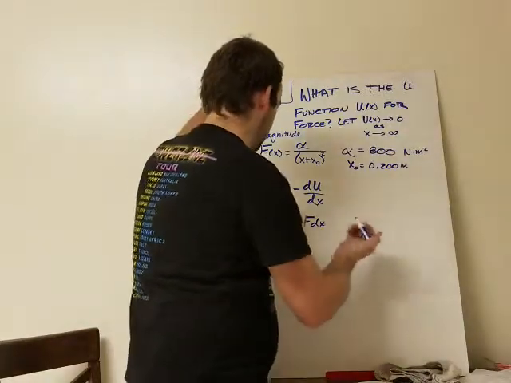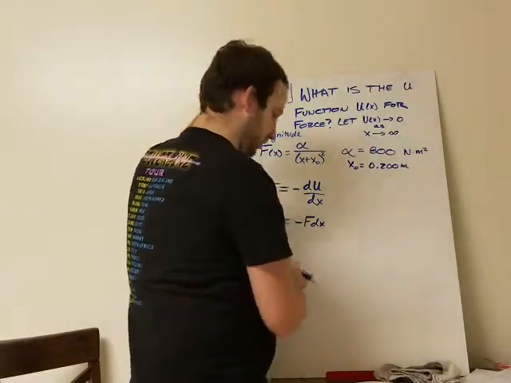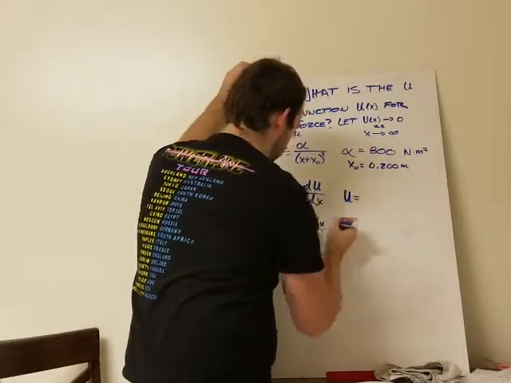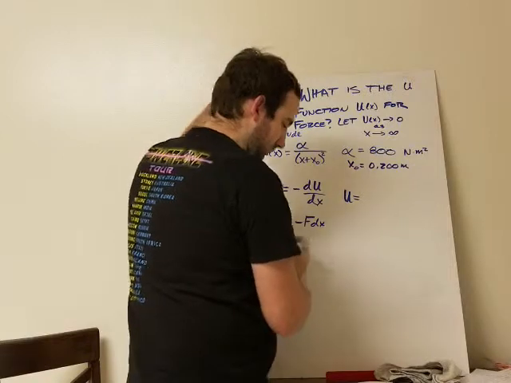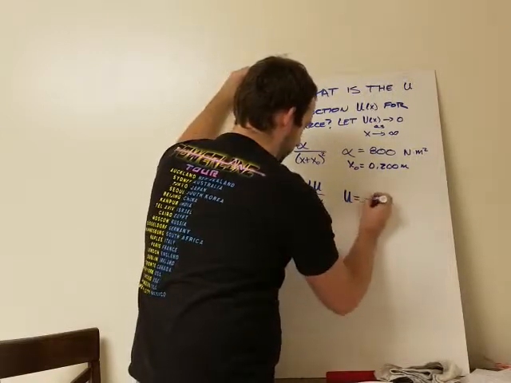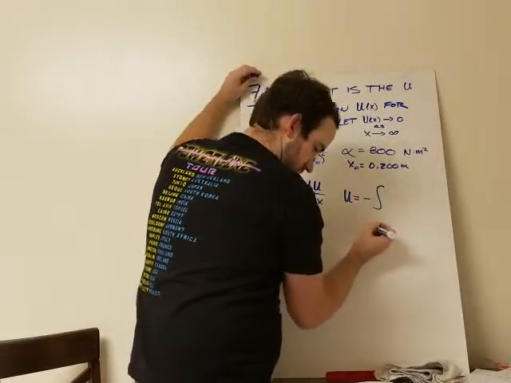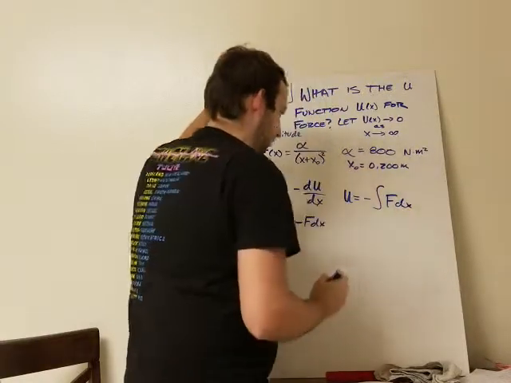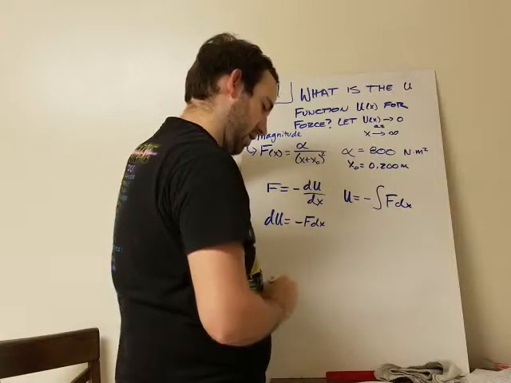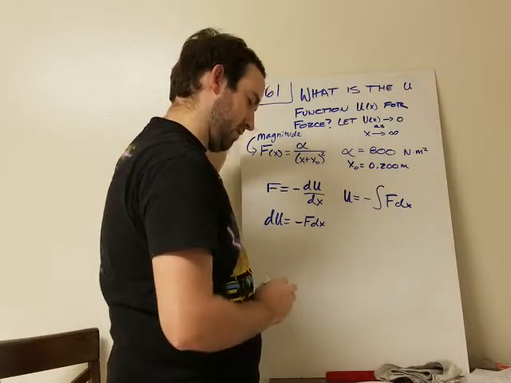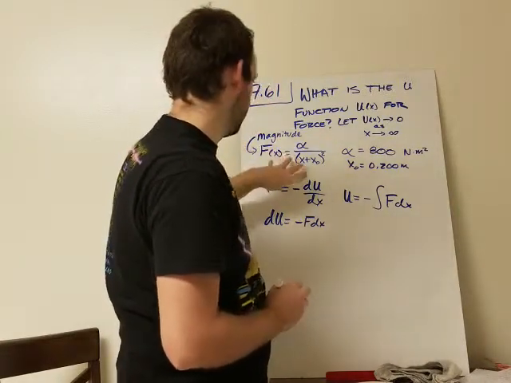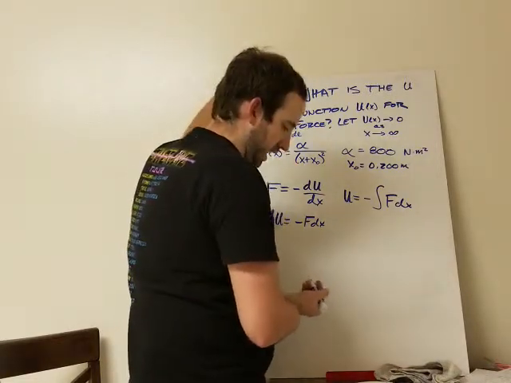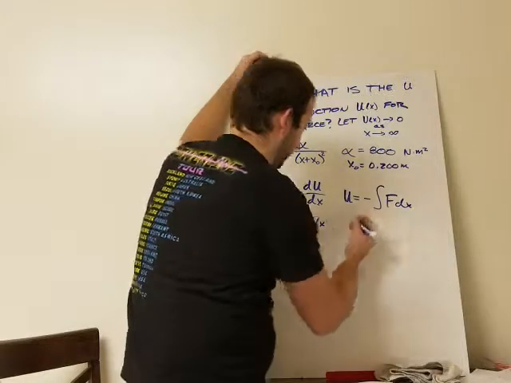So we'll set up an integral. We'll end up getting u equals, and we'll pull out the negative, so negative integral of f dx. So now we have our integral set up. Now if we remember, here is our f function, and we'll substitute that in for the f here.